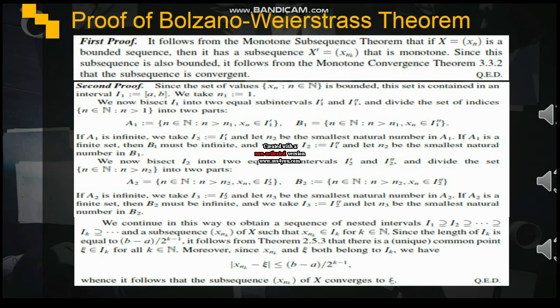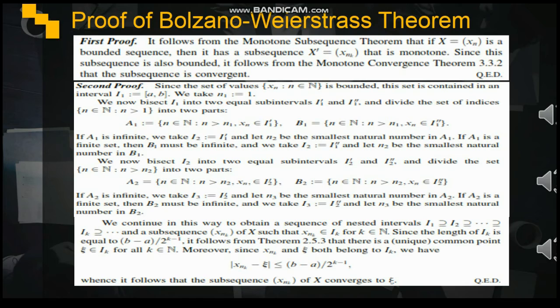A1 is the set of n such that n is greater than n1 and x_n is in I1', and B1 is the set of n such that n is greater than n1 and x_n is in I1''.